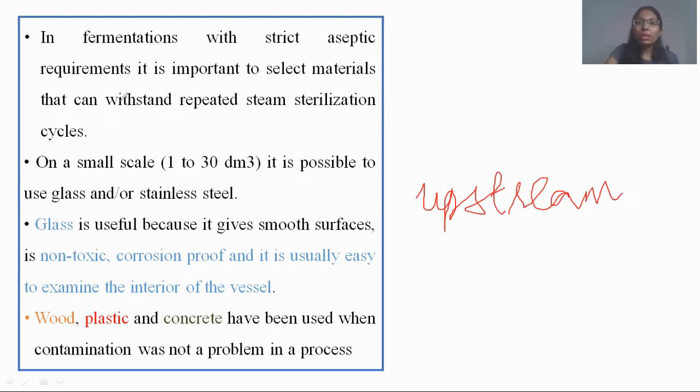The material should withstand repeated steam sterilization, because after the process is completed and the product has been extracted, it again has to go for sterilization. So there are repeated sterilization cycles, and your material should withstand such high temperatures. Otherwise, it will develop pores and defects, which are not useful to us.